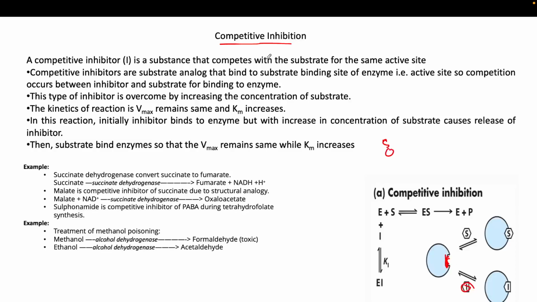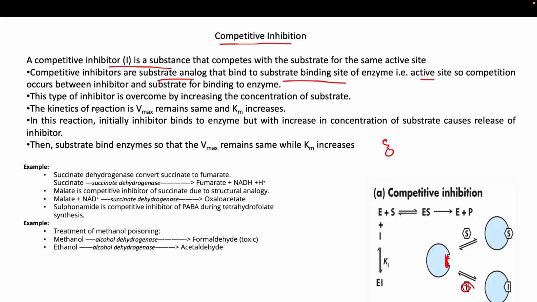That's why the competitive inhibitor is a substance that competes with the substrate for the same active site. These inhibitors are substrate analogs that bind to the substrate binding site of the enzyme, which we call the active site. So competition occurs between the inhibitor and substrate for binding to the enzyme.